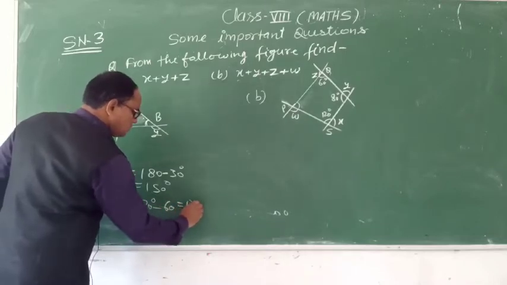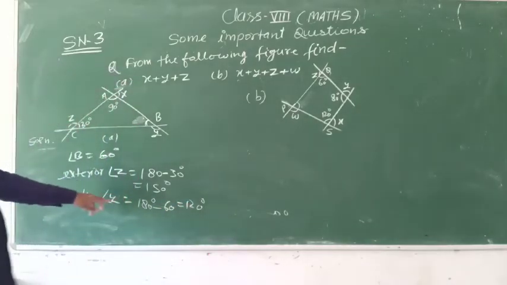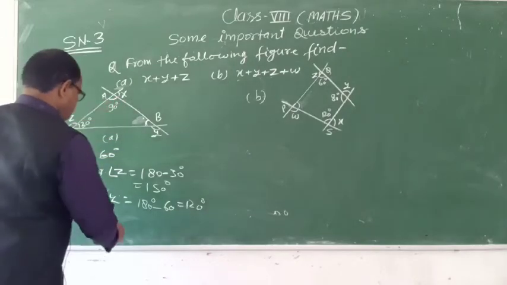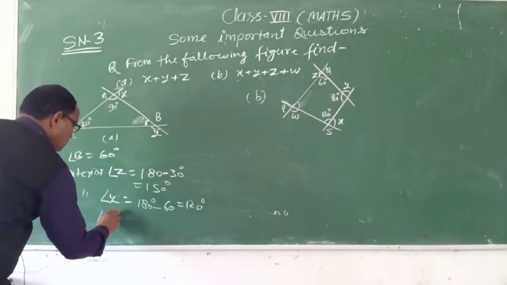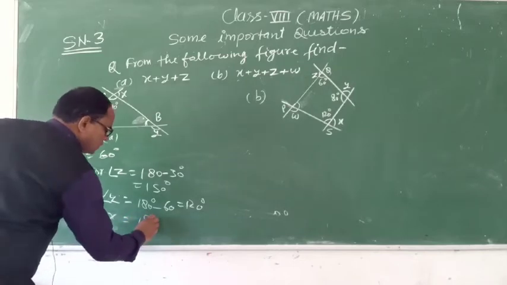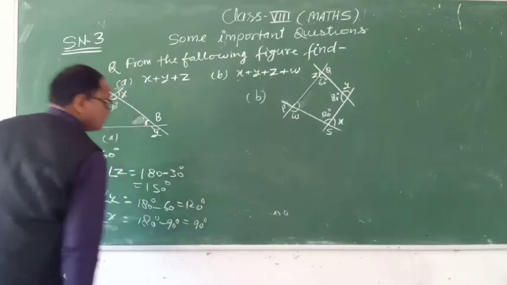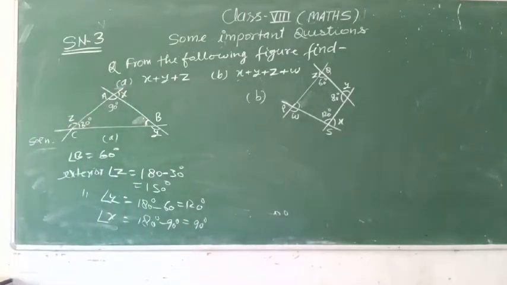Then we get exterior angle Y is equal to 120 degrees, and angle X is equal to 180 degrees minus 90 degrees. We get 90 degrees.